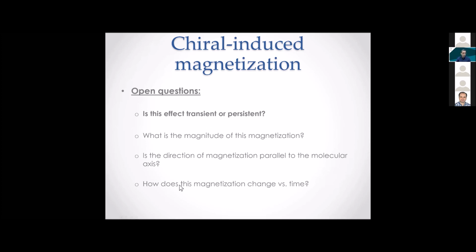For all of these questions, we introduced our diamond magnetic microscope, which allows us to perform quantitative vectorial magnetic measurements that could be useful in addressing these questions.